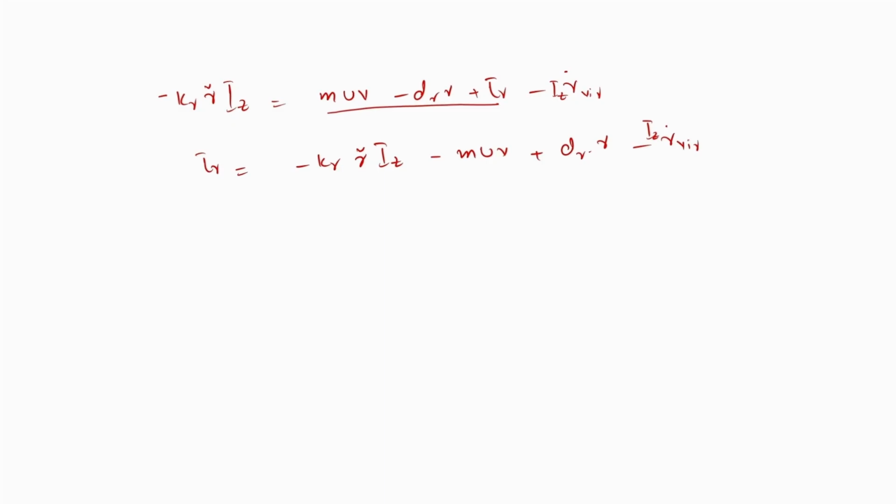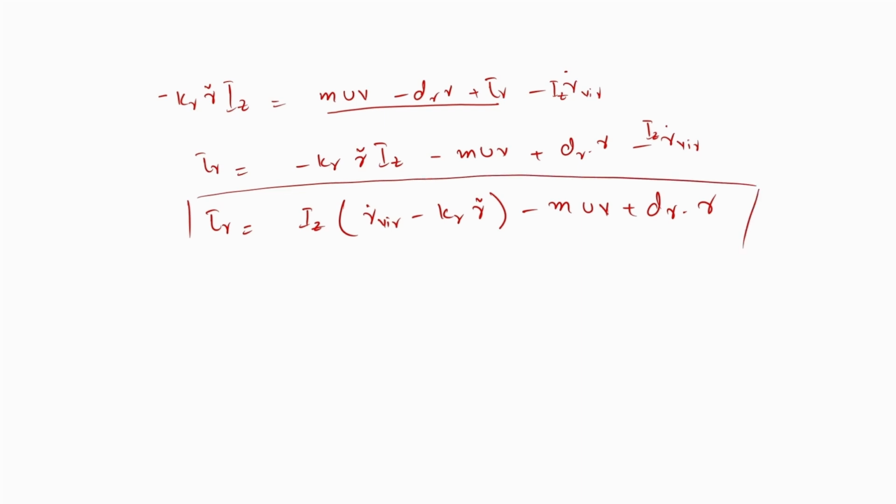So tau R becomes, let me take Iz common from this. So this will be R virtual dot minus KR R tilde minus MUV plus dr times R. So this is the controller for the yaw rate, which eventually controls the yaw angle.